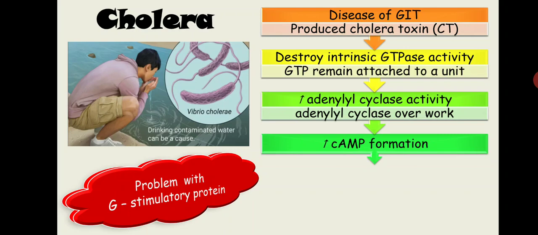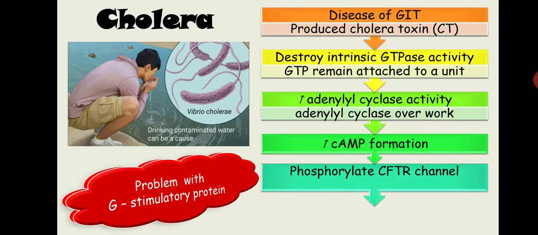As cyclic AMP formation increases, it causes increased activation of protein kinase A, and this protein kinase A will phosphorylate various proteins. In cholera, protein kinase A causes phosphorylation of the channel known as CFTR. Now what is CFTR?